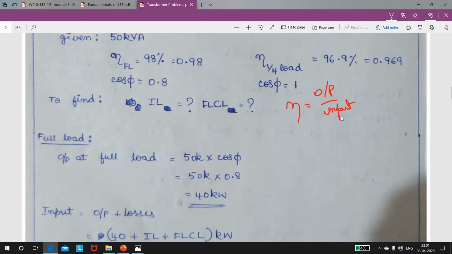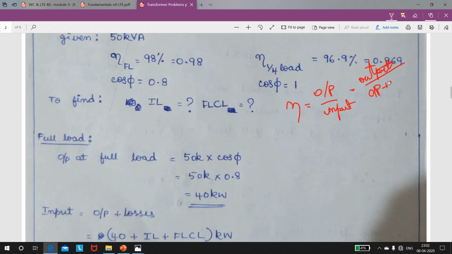Now what is input? If I write this, I have output divided by input, which means output plus losses. Now what is losses?